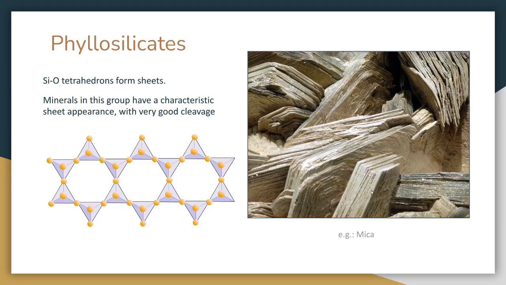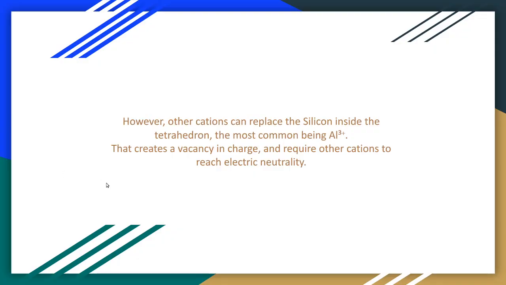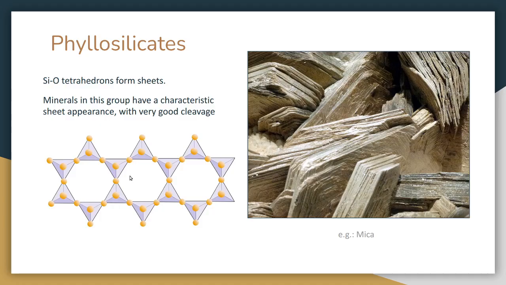But meaning they form this sort of appearance and can very easily be separated by these sheets. Their atomic structure can also manifest on a macroscopic scale, which is pretty cool.